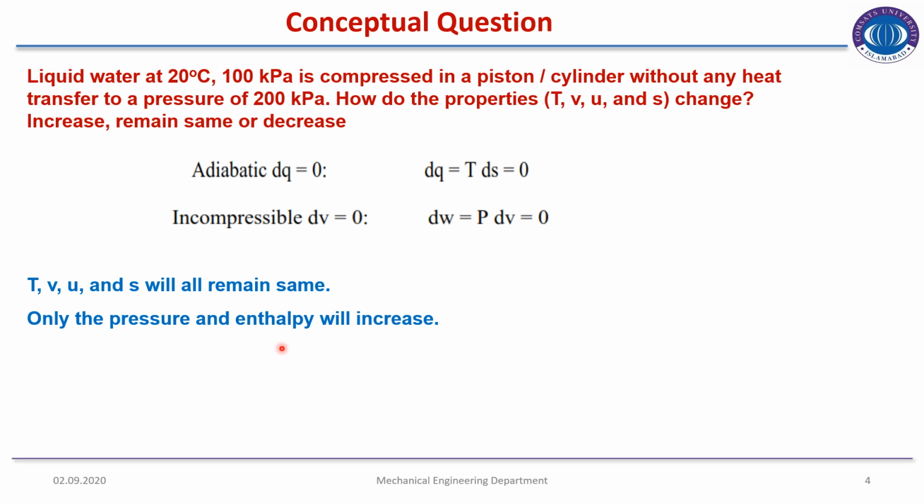Only pressure and enthalpy will increase. So the pressure is increased from 100 to 200, and for liquid or incompressible, H is equal to U plus PV. So as pressure will increase, therefore the enthalpy will also increase.